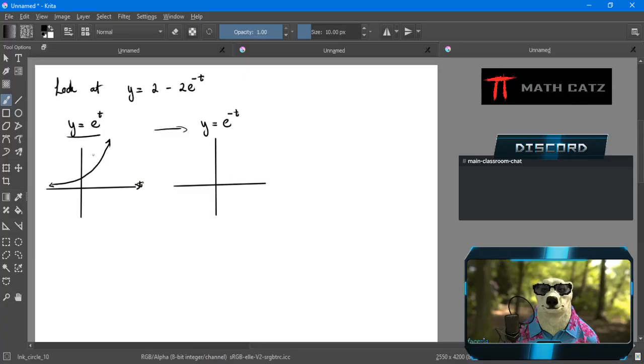I feel better if I label my axes here. What does that do to the graph? That flips it horizontally, reflects it in the y-axis. So let's try and have a decent graph backwards. Not always that easy. So I still have a 1 y-intercept there.